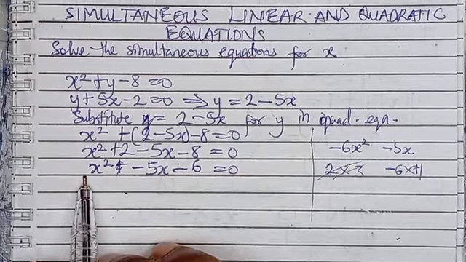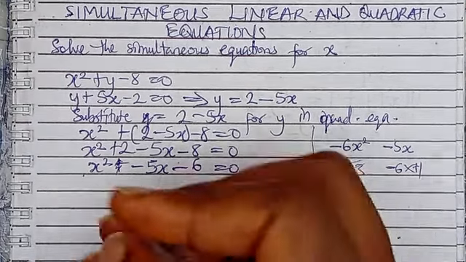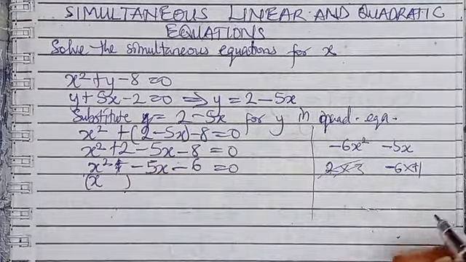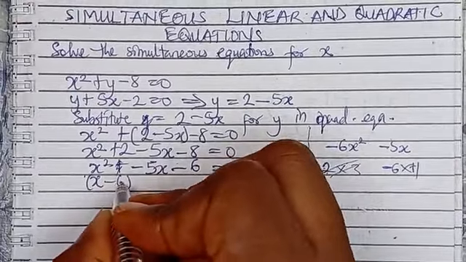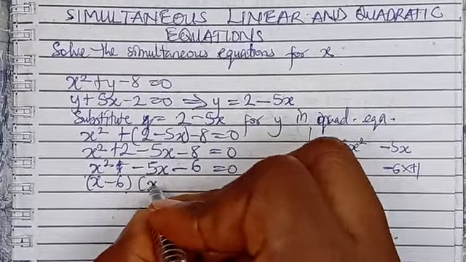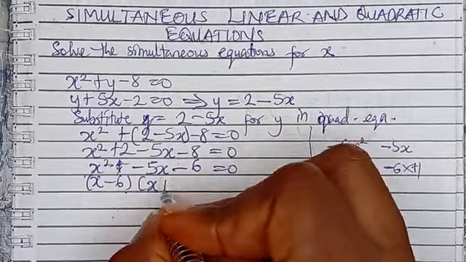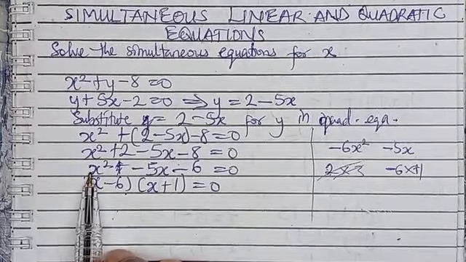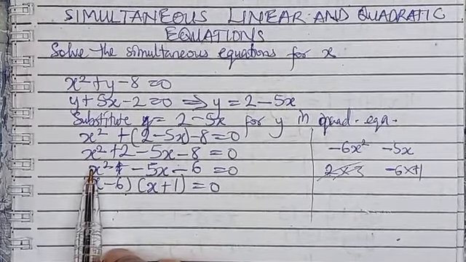Since the coefficient of x squared is 1, it's easy to solve. We open up two brackets. We have x, we place in one of the numbers, minus 6. We open up another bracket, we have x, we place in the other number, plus 1, is equal to 0. That is for whenever the coefficient of x squared is equal to 1.